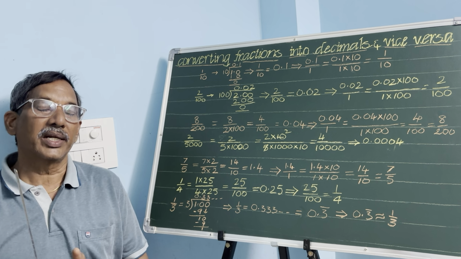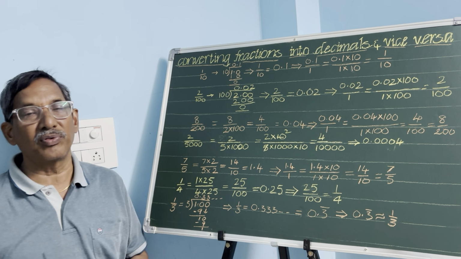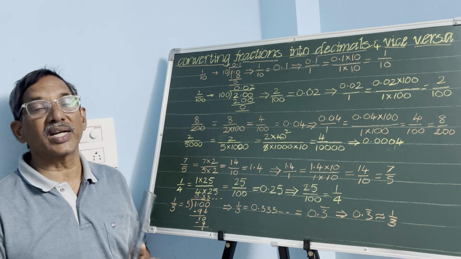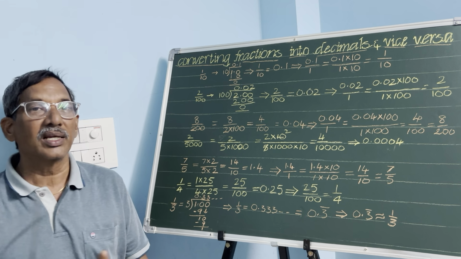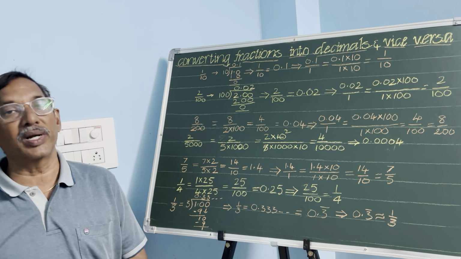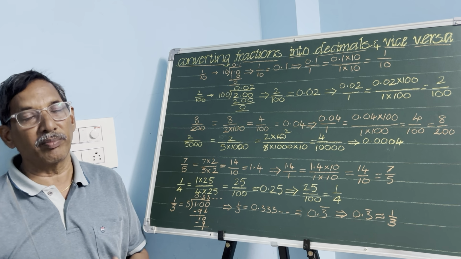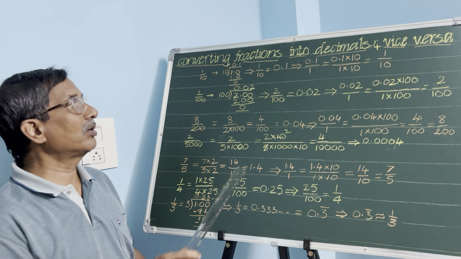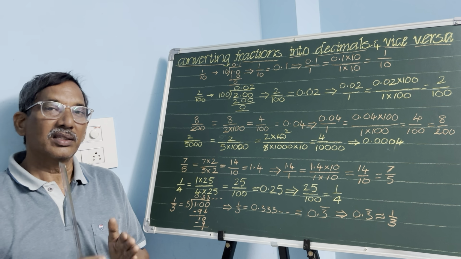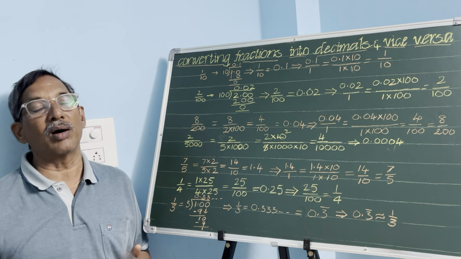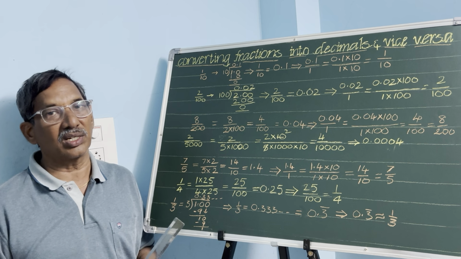So the decimal form of the normal fraction 1 by 10 is 0.1. We can say that 1 by 10 can be written as 0.1 in decimal form, or 1 by 10 is equal to 0.1. Let us now convert the decimal fraction into a normal fraction and check our answer.